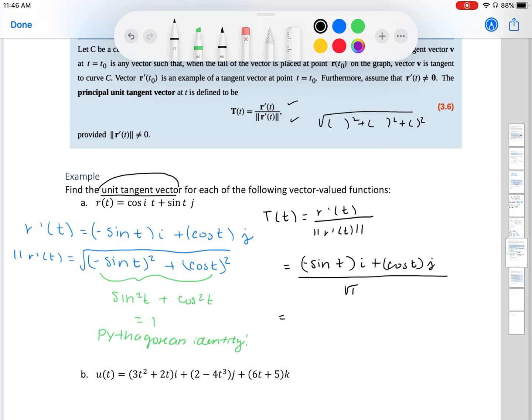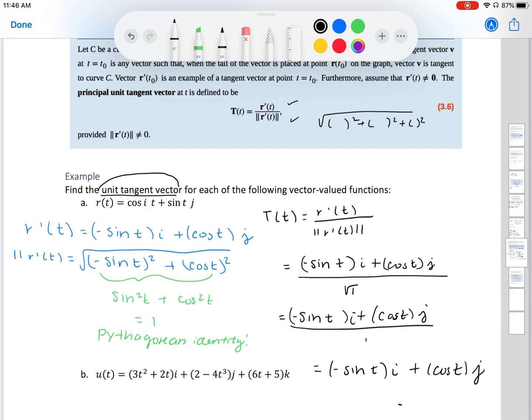So that our answer is negative sine of t plus cosine of t divided by 1. So we just get that back in return. So we get negative sine of t i, I forgot the i above, plus cosine of t j.